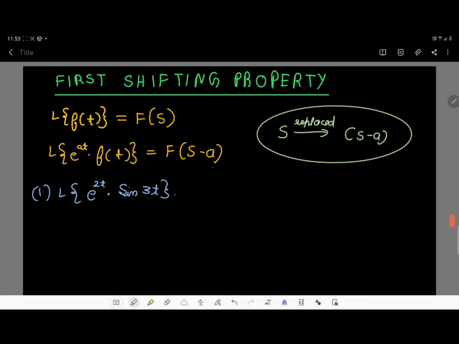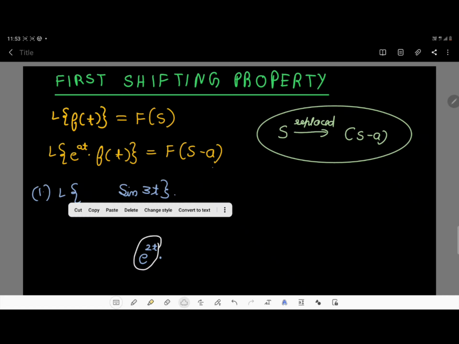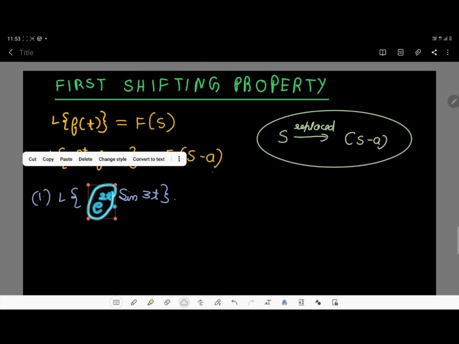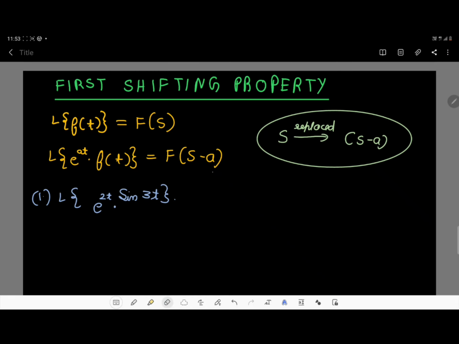If this exponential factor were absent, the question would be just this much, and I could directly use the formula. But in the present question I have this also, so now we need to use the first shifting property.